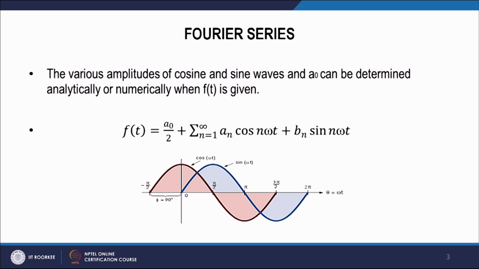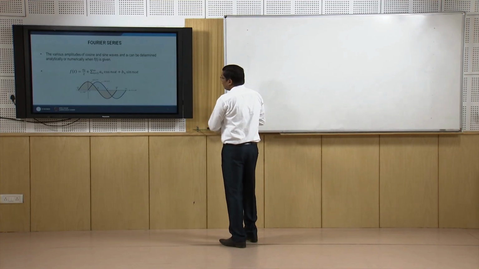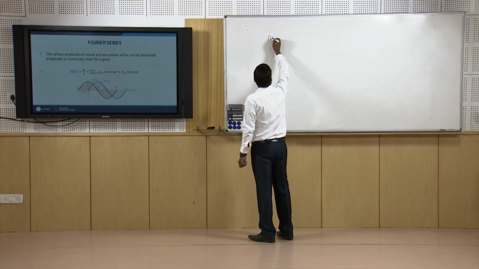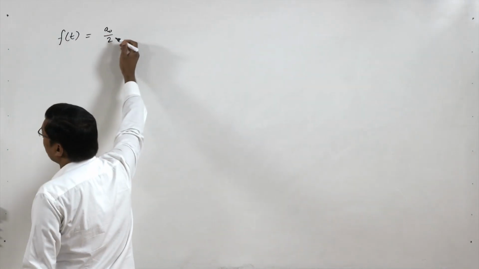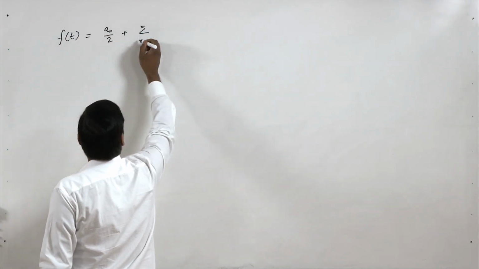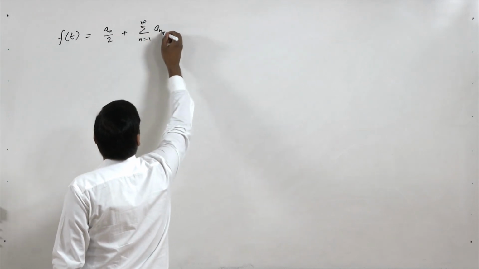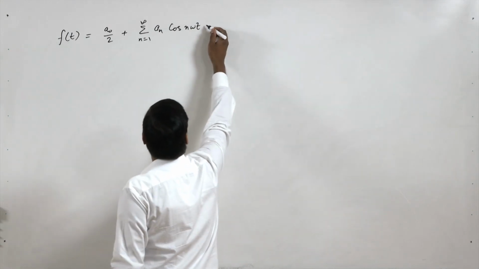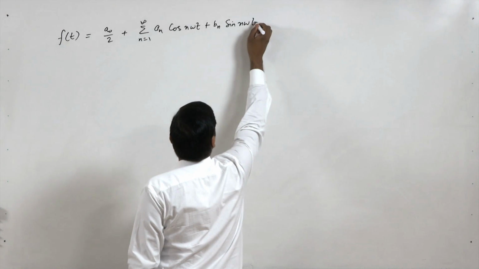So, we can express this f(t) in terms of harmonic functions. So, f(t) is a periodic function that we can write as a0 by 2 plus sigma n equal to 1 to infinity, a_n cos n omega t plus b_n sin n omega t.